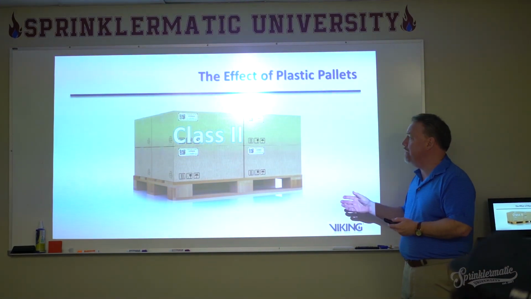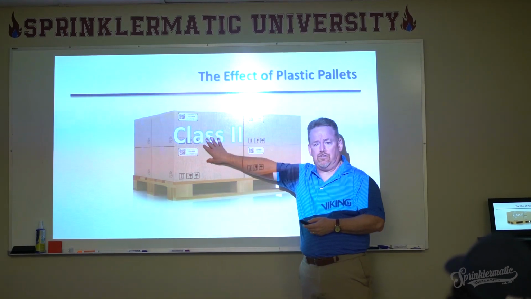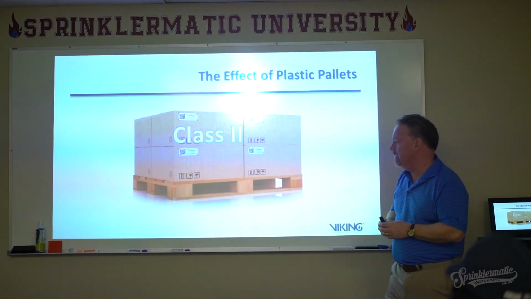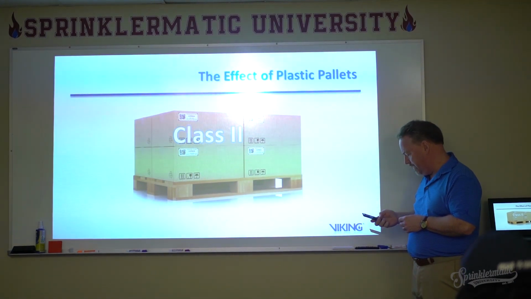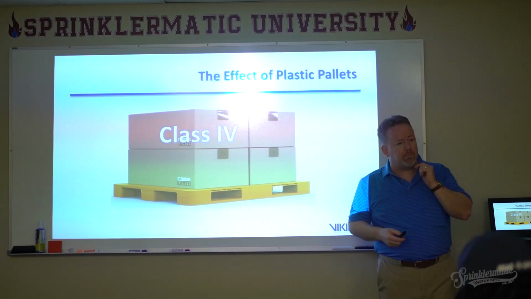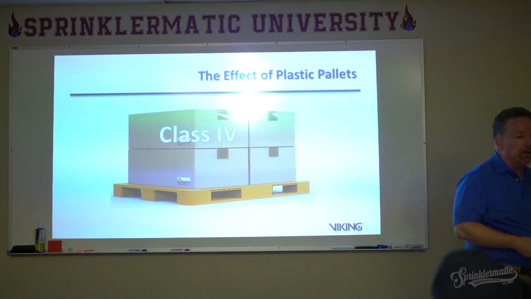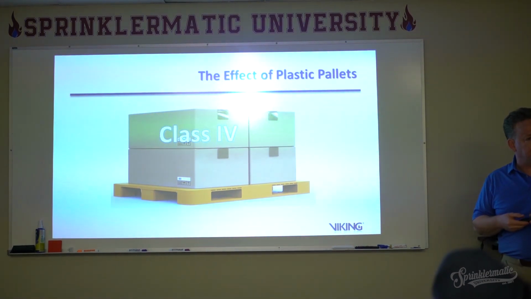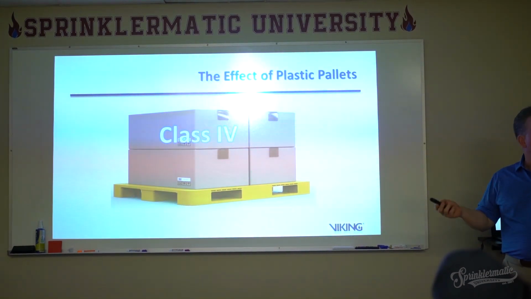So if I have a Class 2 commodity on a wood pallet, I have to protect it as a Class 4 commodity if I'm going to be using reinforced plastic pallets.